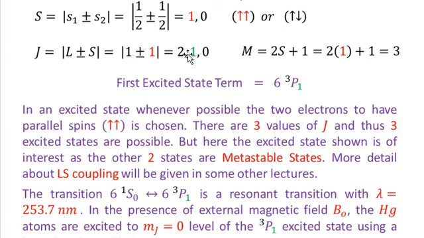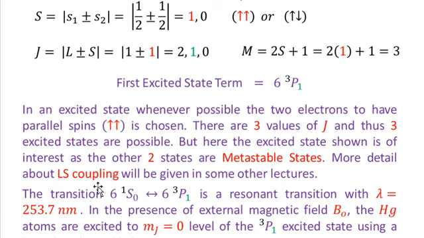The three excited states will be 3P2, 3P1 and 3P0. But I have only indicated that the first excited state is 3P1. Here the excited state shown is of interest, and the other two excited states are metastable states, that is, their lifetimes are much larger.